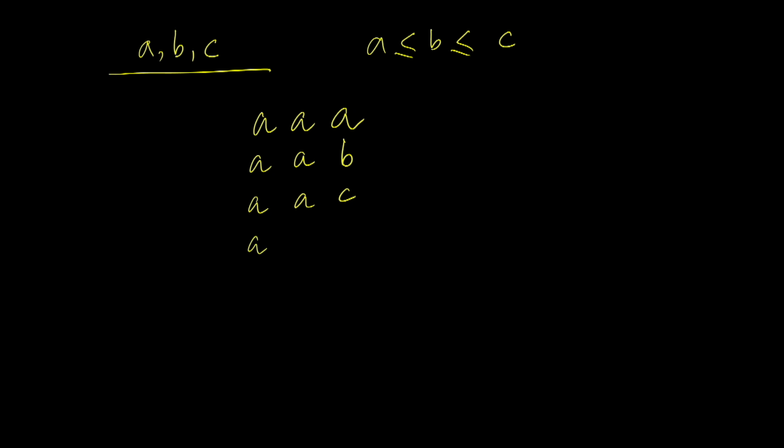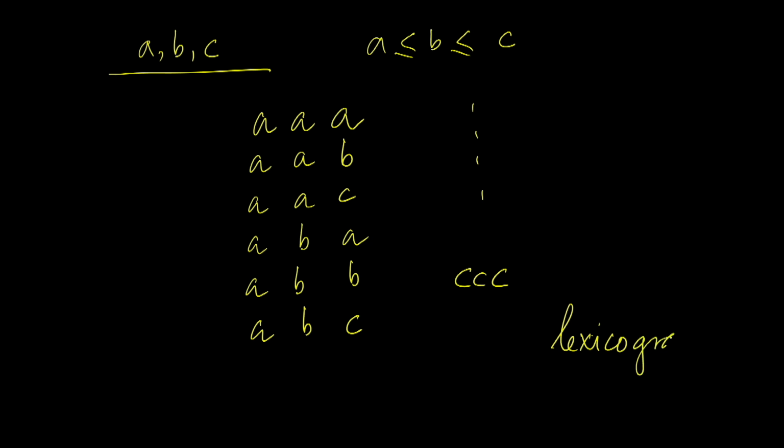Now you have a change in the second position, and so on, ending with CCC. So this is a lexicographic ordering of all strings of length 3.